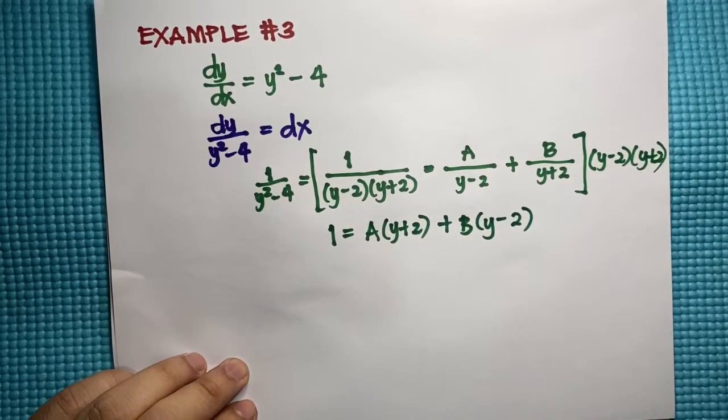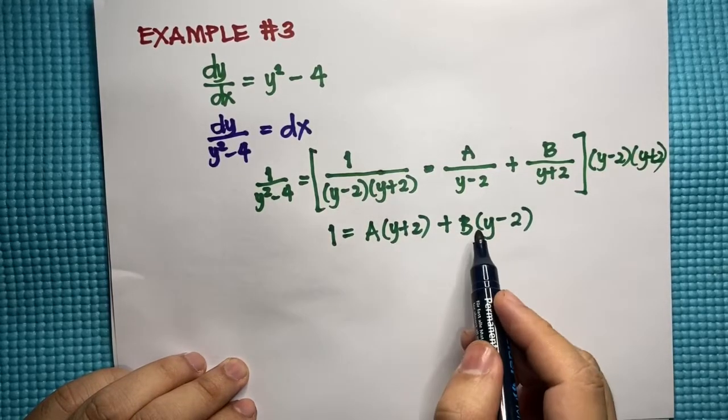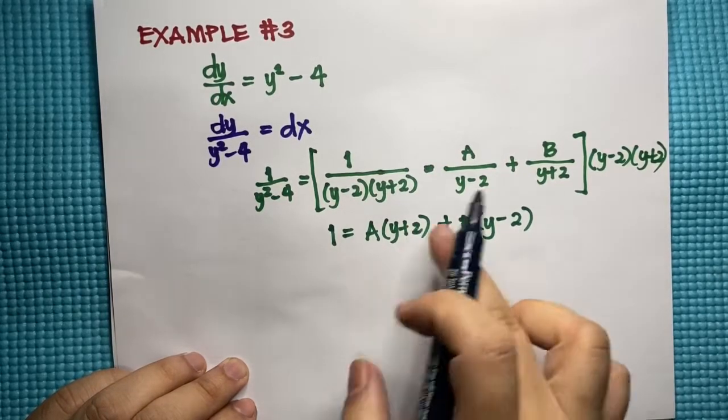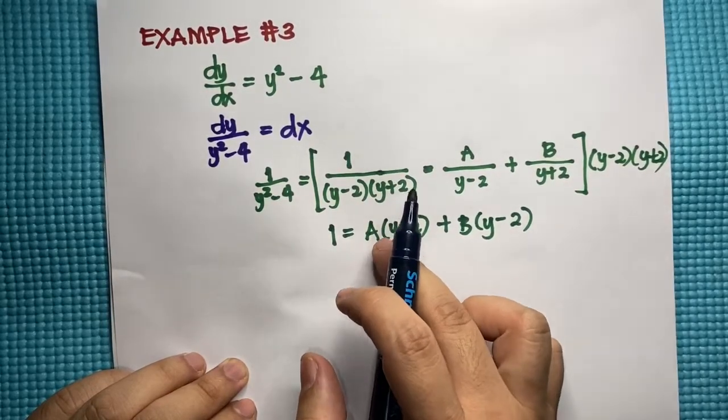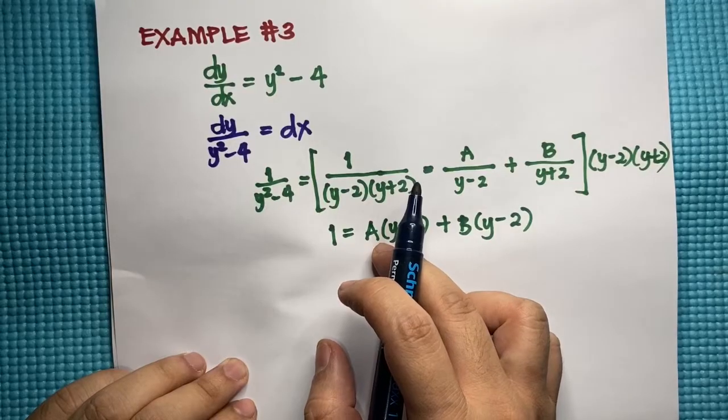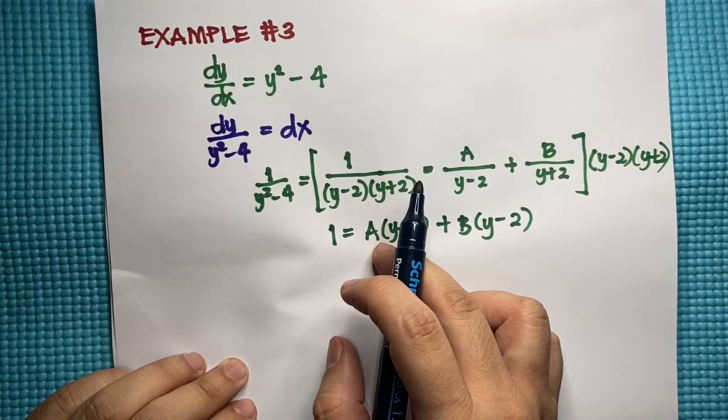And from here, in order for us to determine the value of A and the value of B, let's try to solve first. How do we get the value of A? To do that, we will be assuming a certain value of y.